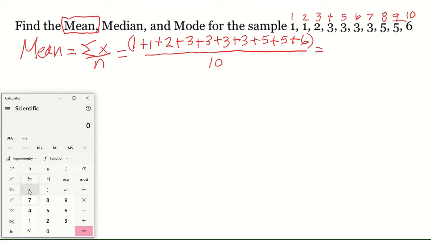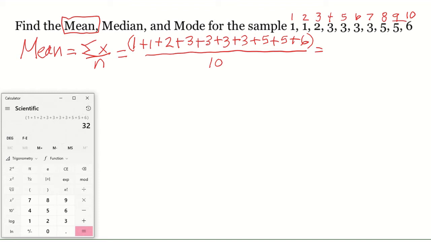We're going to go parentheses, 1 plus 1 plus 2 plus 3 plus 3 plus 3 plus 3 plus 5 plus 5 plus 6. Then I'm going to double check that I have all of my values, and then close my parentheses.